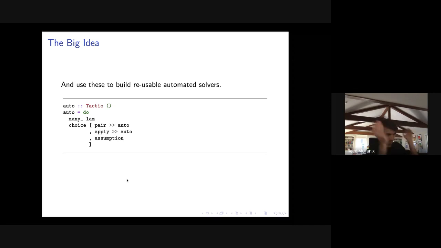And just keep going until either there's no solutions or you find a bunch of solutions. But this is really easy to write. All you needed to do was write all these little individual pieces that just ask, can you synthesize a lambda? Or, can you synthesize a pair? And then just glue them together. It's sort of like parser combinators, but for automated theorem proving instead of parsing expressions.